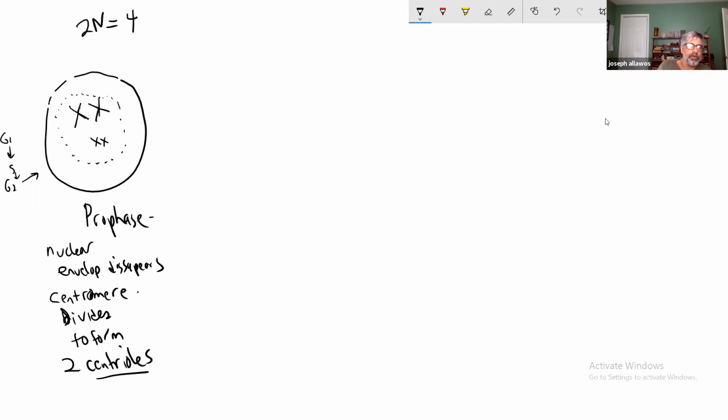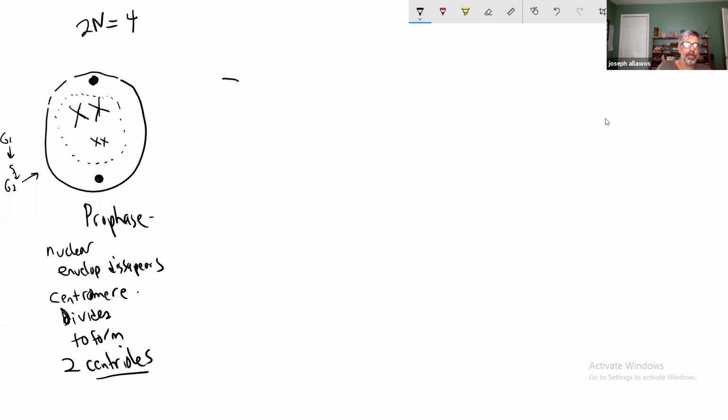The centromere divides and makes 2 identical centrioles, and they migrate to the poles of the cell, to either end. And we're going to see what these do in just a second. Okay. So that's pretty good for prophase. The nuclear envelope breaks down, centromere divides to form 2 centrioles.